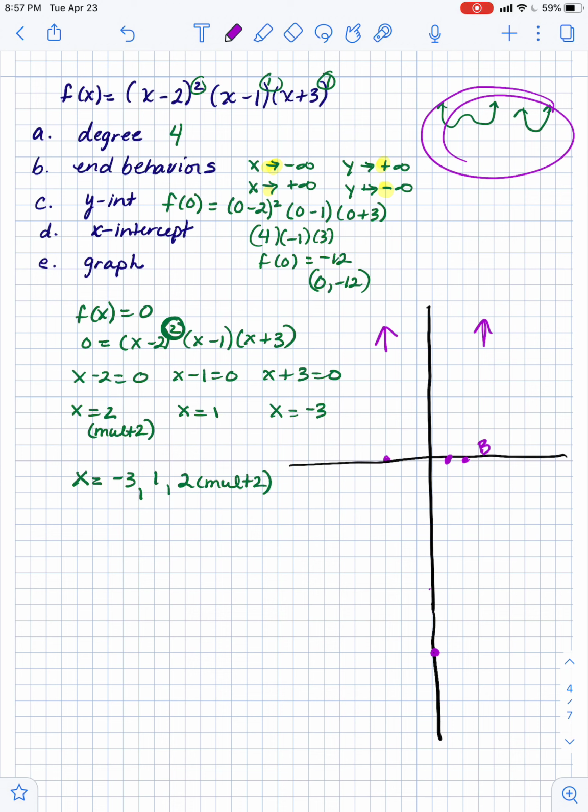Okay, so if I go to graph this, I'm going to start up here where I already have my arrow, and I'm going to come down, and I know it goes through here because it doesn't touch and bounce. I'm going to go down to, and since I really don't know what's happening, I'm going to go ahead and turn around at my intercept. Again, it could have gone on down here and then come up.